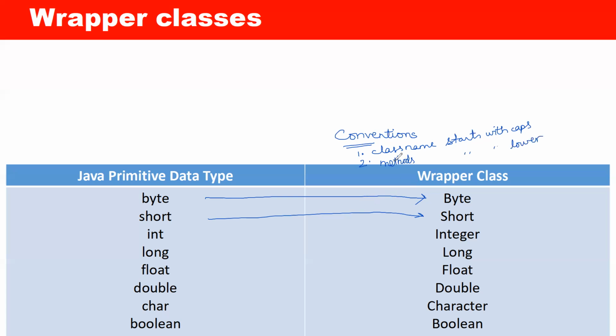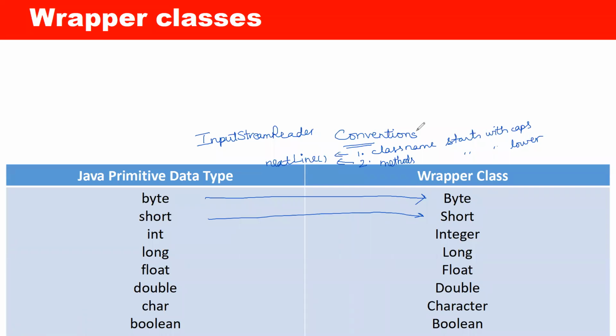If there are many words in a name, for example, InputStreamReader is a class name, and for a method, I'll take the familiar one, nextLine. NextLine is a method.